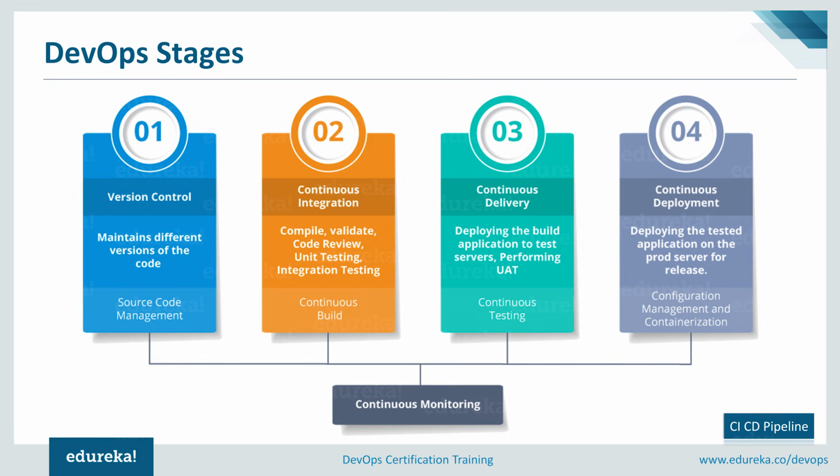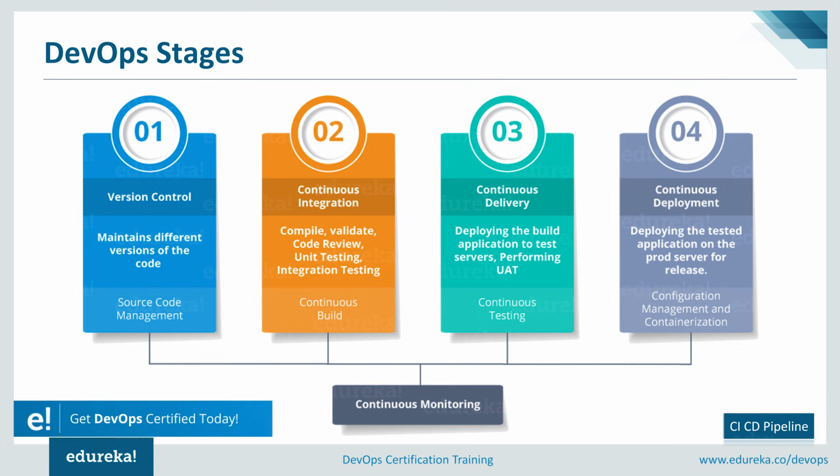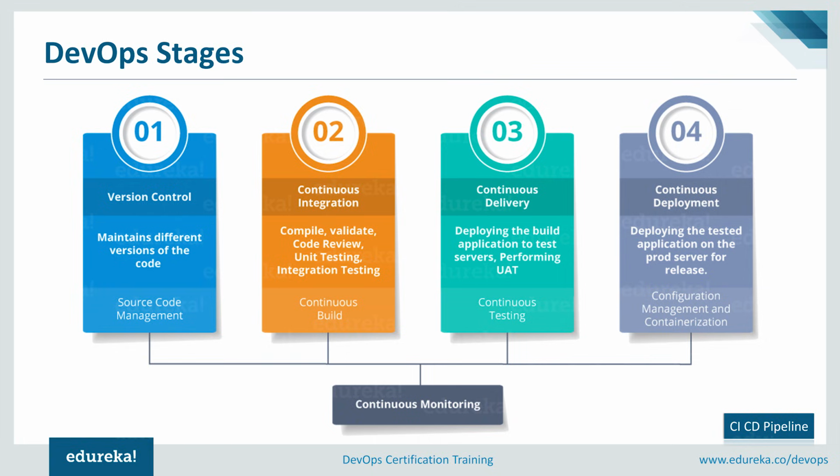After version control system, we have continuous integration. Continuous integration is basically building your application continuously. What do I mean by that? Consider a scenario where a developer makes a change in the source code. A continuous integration server should be able to pull that code and prepare a build.